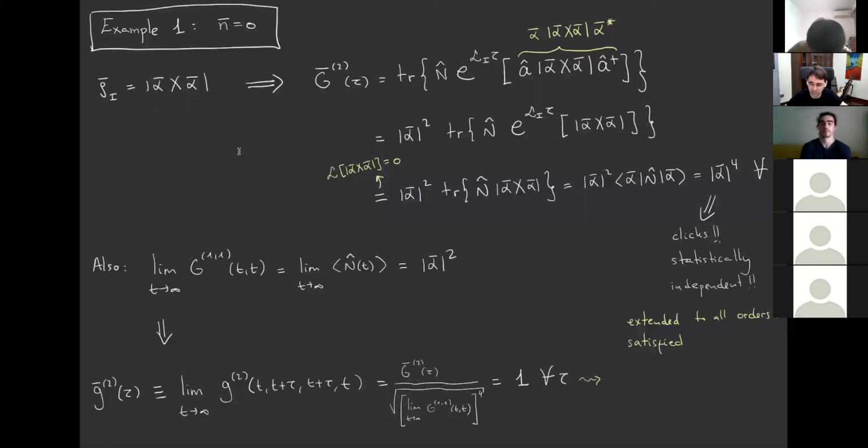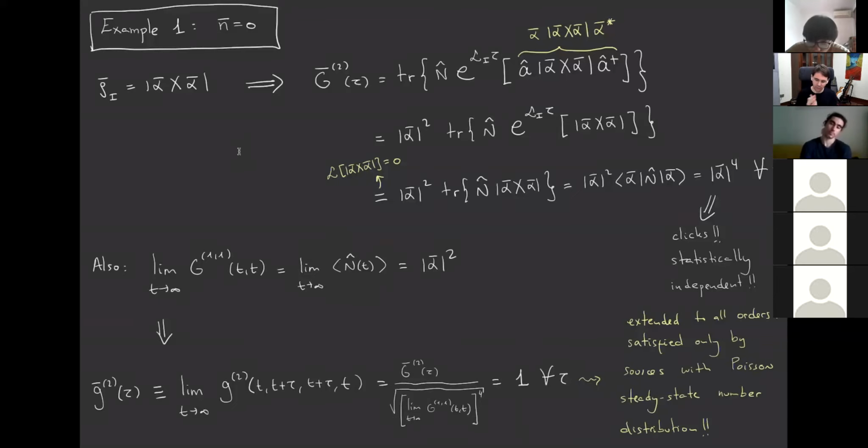But you can prove that this is satisfied only by sources with a Poisson steady state number distribution. Okay, so this is something that you have to trust me with.